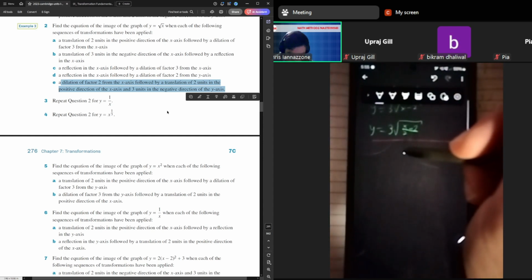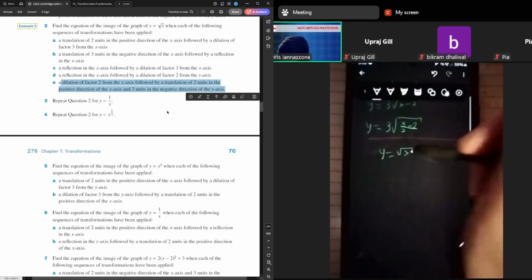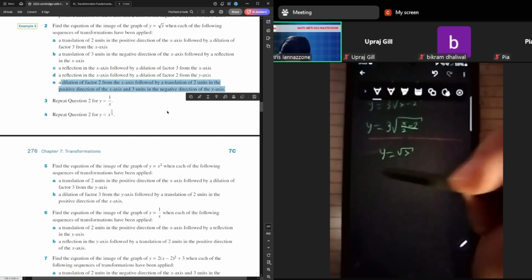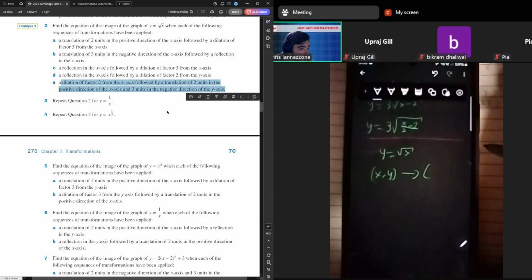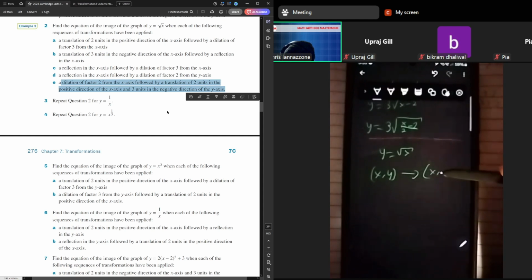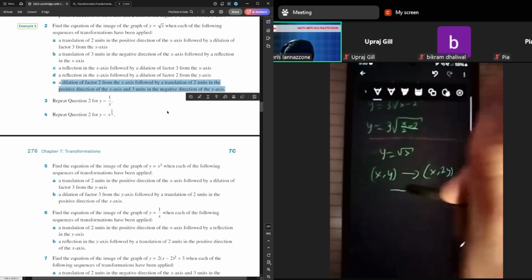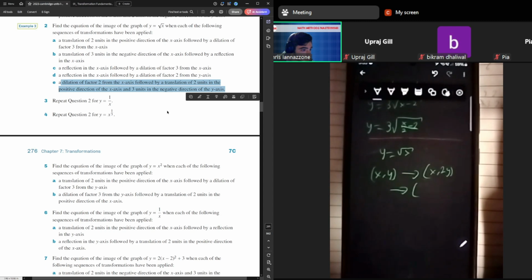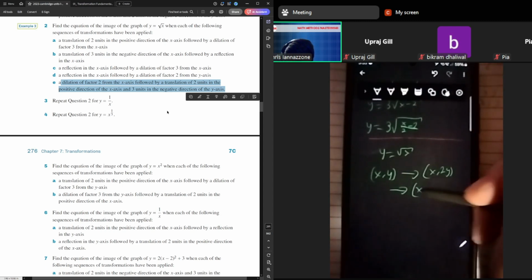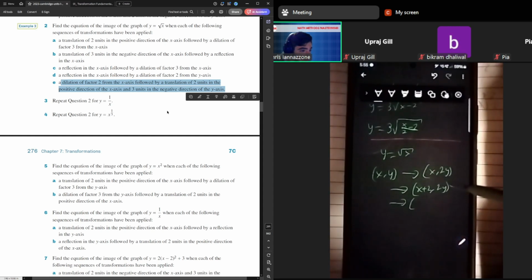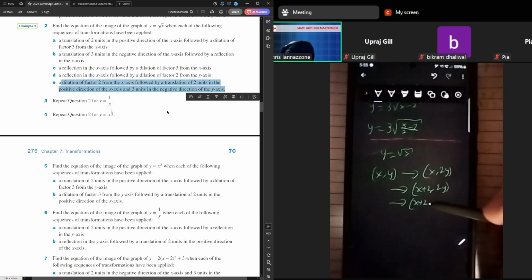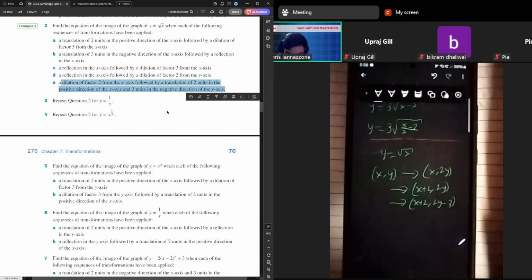Okay, so we still have y equals root x. So we start with xy, maps to dilate factor 2 from x, so from x means along y, and then translation 2 in the positive x means we get x plus 2 comma 2y, and then 3 units in negative y, x plus 2 comma 2y minus 3.